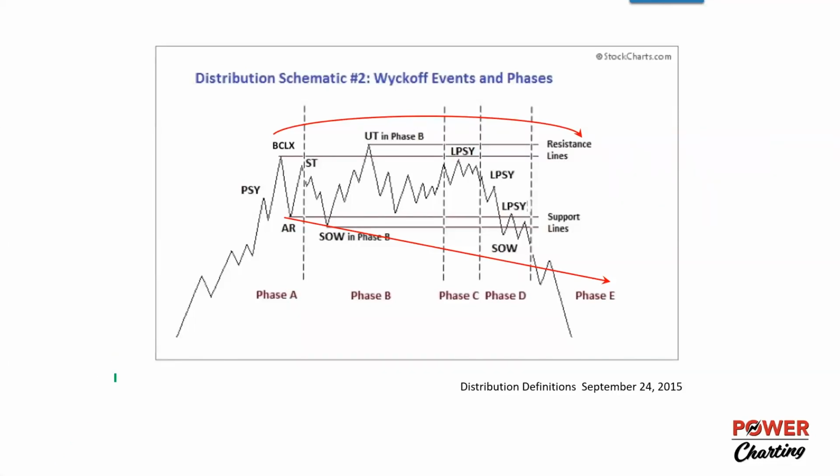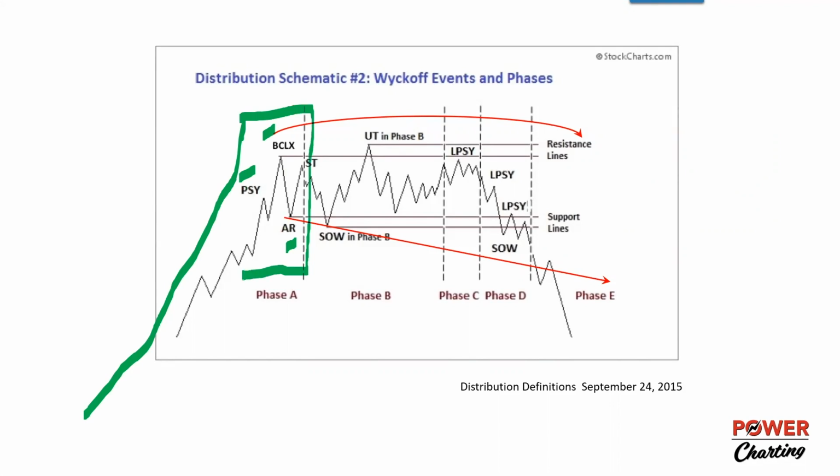Distribution occurs after a long markup phase: preliminary supply, buying climax, automatic reaction. This is phase A. This area right here is the stopping action of the prior trend. Paradox is this also is typically how reaccumulation gets stopped also. I'll show you that in a minute.